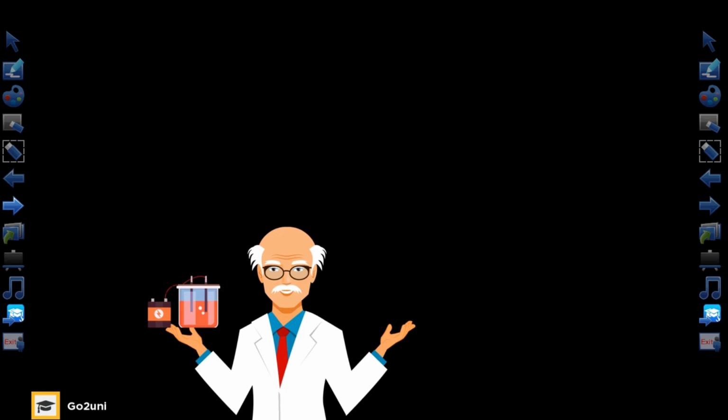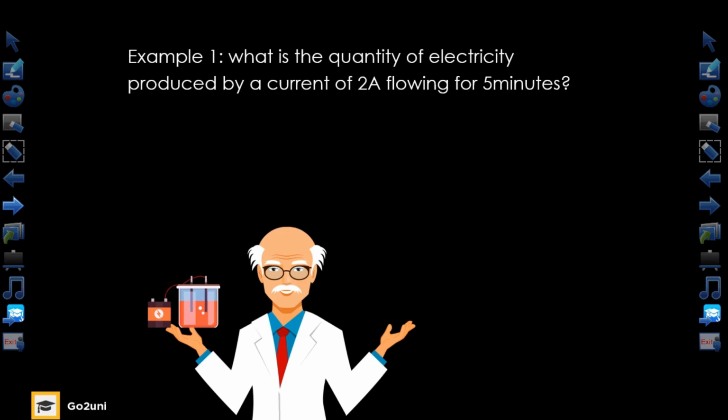Our first example goes: what is the quantity of electricity that is produced by the passage of 2 amperes of electric current for just 5 minutes?